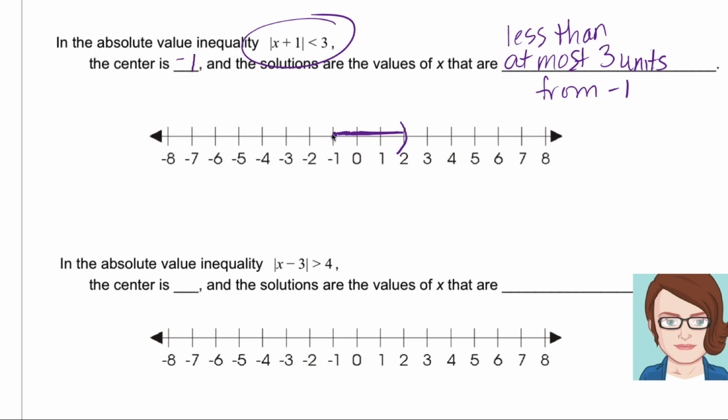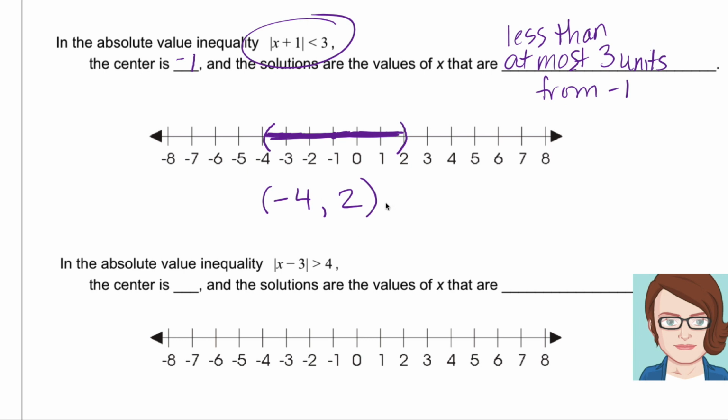Well, there's also values in this direction that are 3 units away. So all of these are less than, everything I'm shading is less than 3 units away in the negative direction. And again, -4 is exactly 3 units. It's not less than 3. So I'm using those open parentheses. So the solution to that inequality would be -4 to +2, all of the values in between those endpoints.